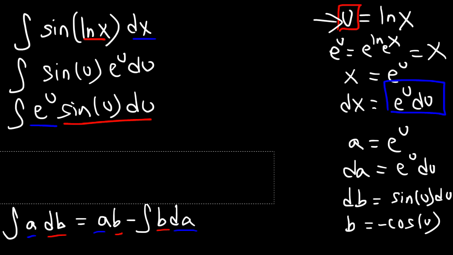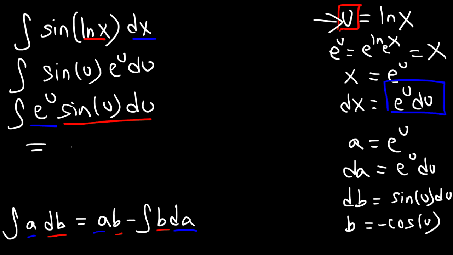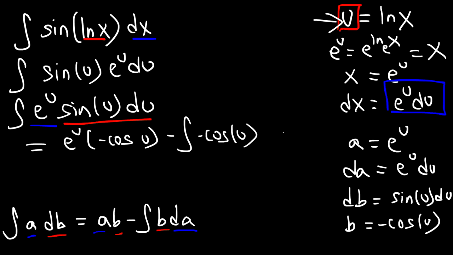So using the formula, it's going to be a times b, which is e to the u times negative cosine of u, minus the integral of b, which is negative cosine, times dA, so that's e to the u du.